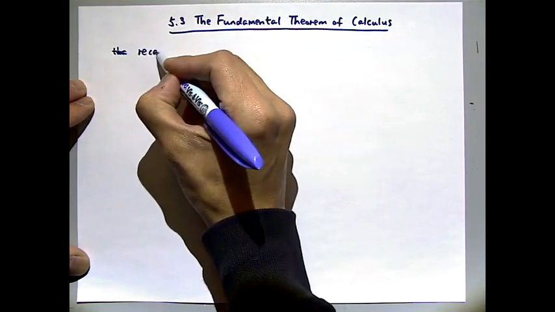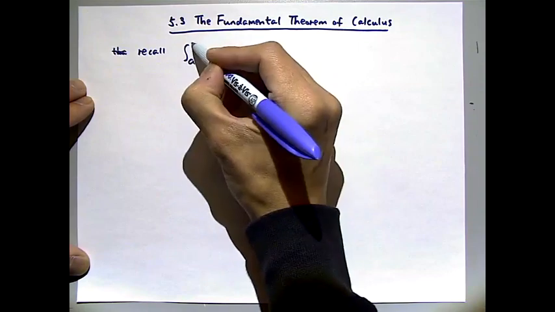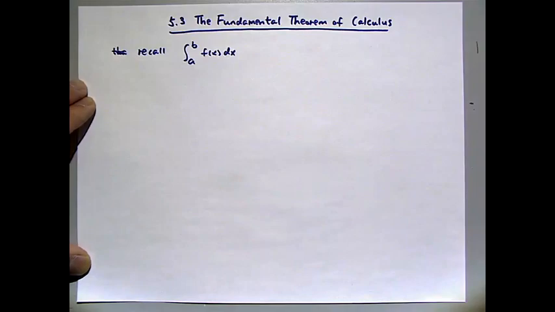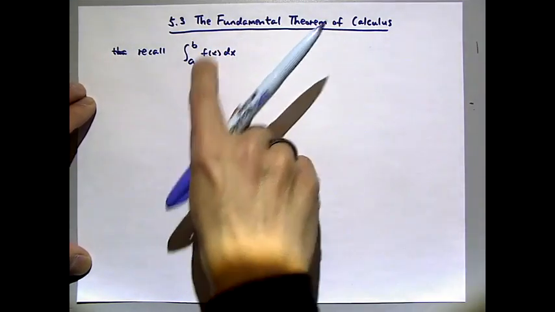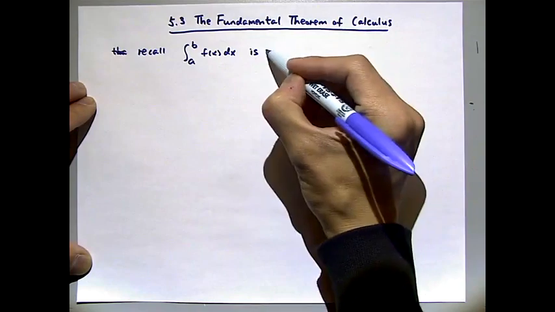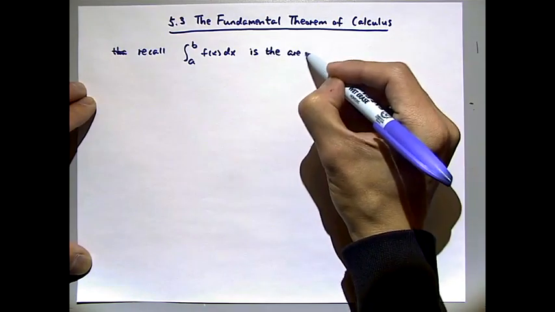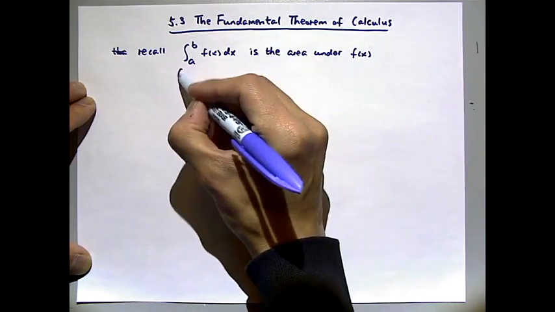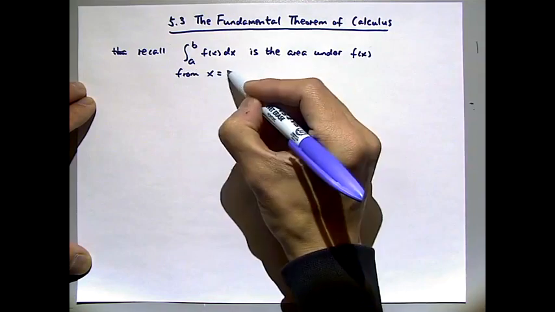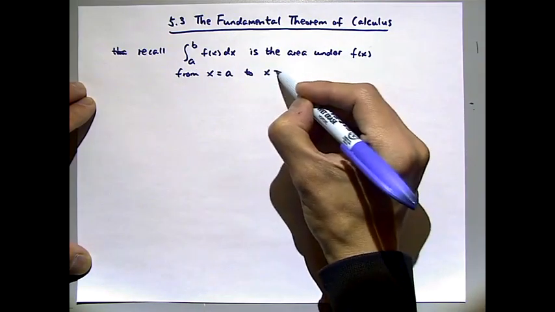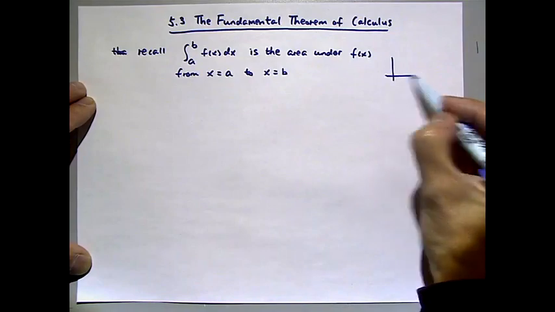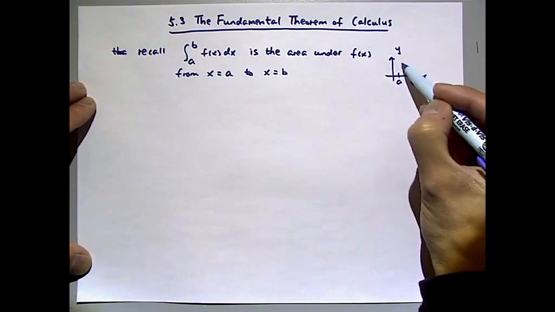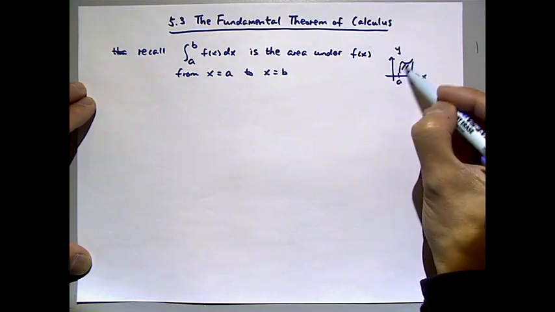So first, remember, the definite integral of f(x) from x = a to x = b represents the area under the function f(x) from x = a to x = b.